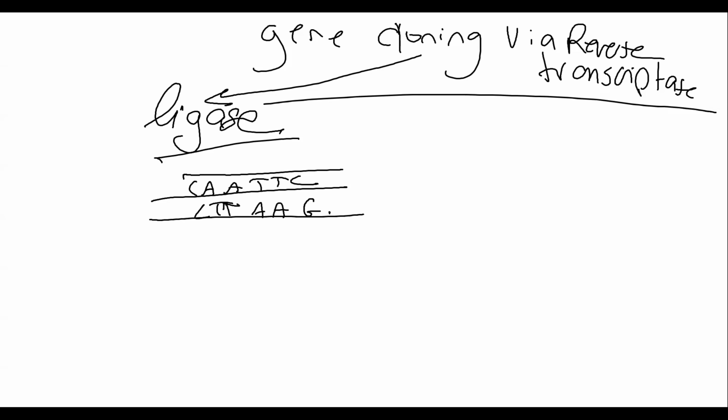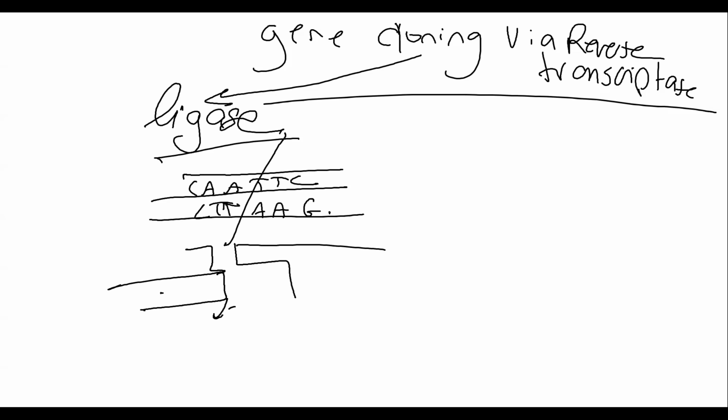Then we bring the restriction enzyme and cut them, and we will end up with this. Here we will have a sticky end. Then the ligase comes and joins these two again.